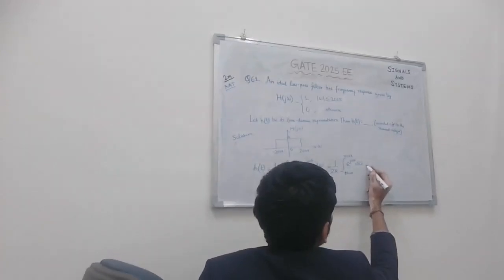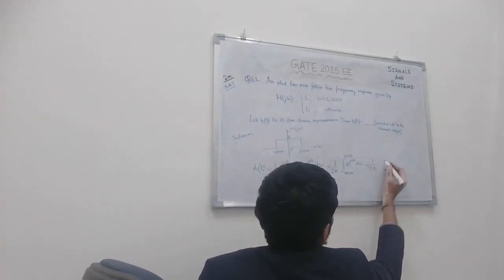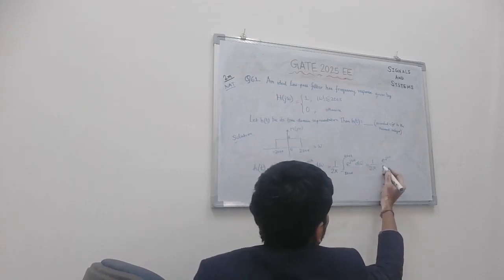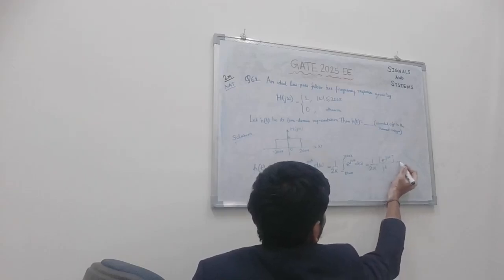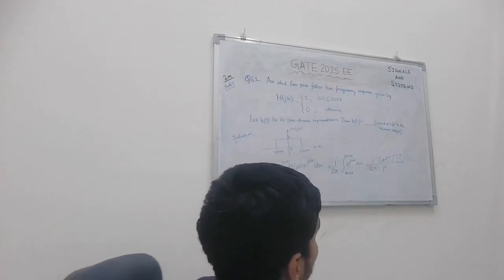Now basically we will just solve it. 1 by 2π, integration of this becomes e to the power jωt by jt, right? Limits are minus 200π to 200π for ω.